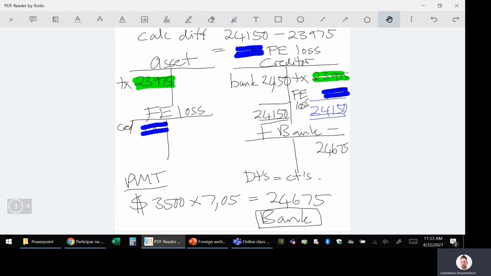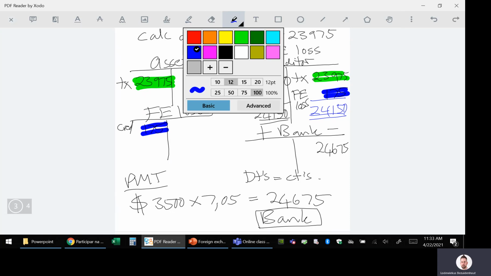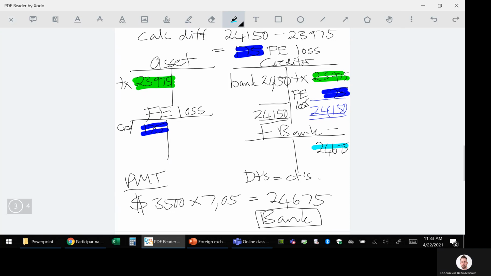So we've got a credit of 24,675. That is the payment to the bank. But our debit creditor is only 24,150. So we have to make another debit, and that debit will be our foreign exchange loss, and that loss is 525. And now all my debits and credits are equal.